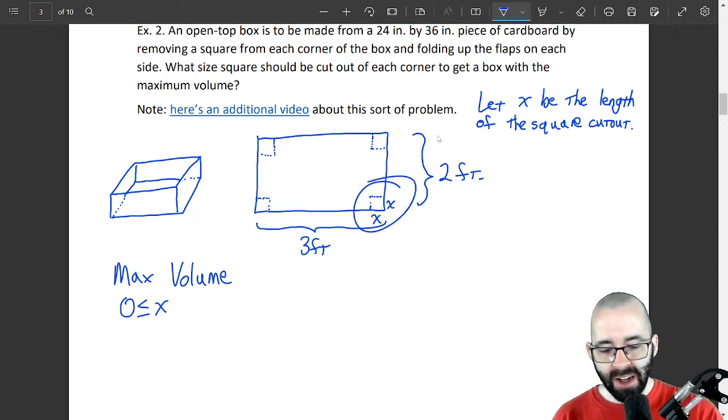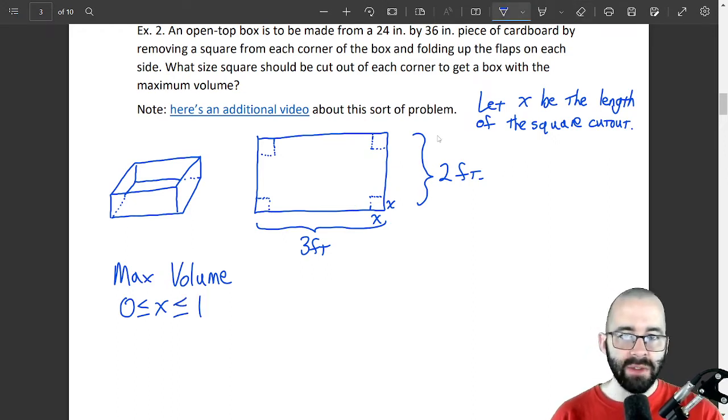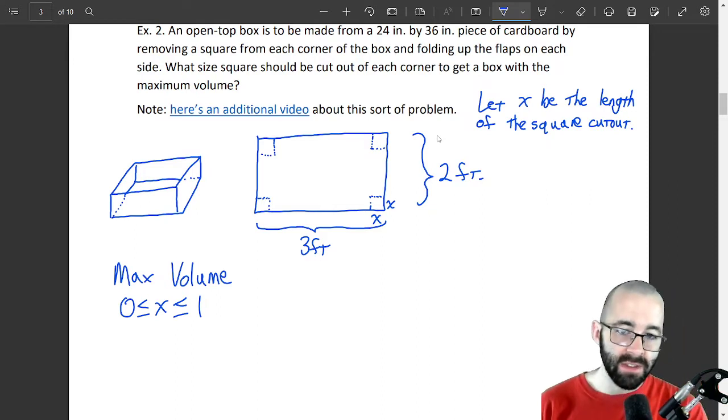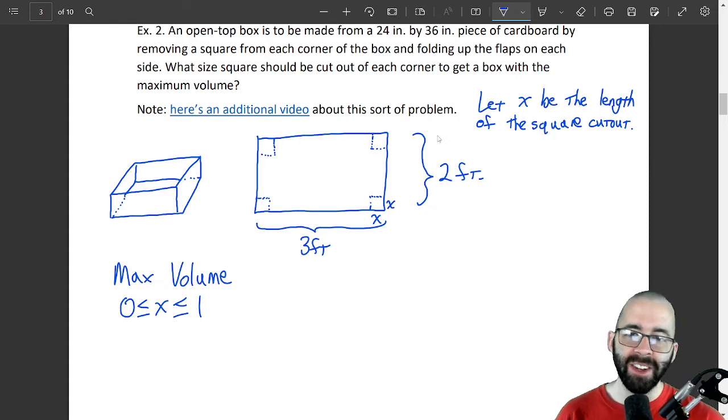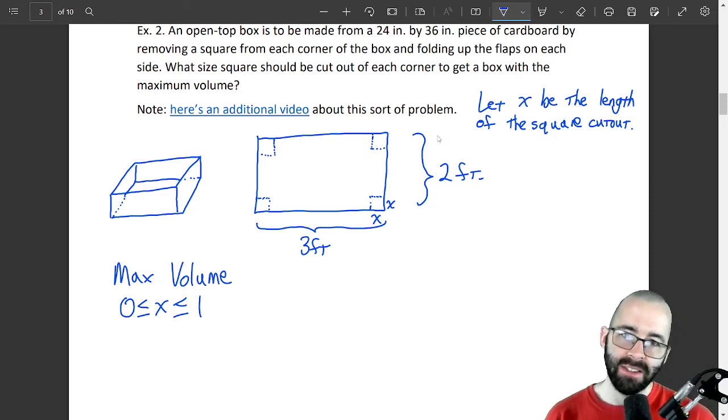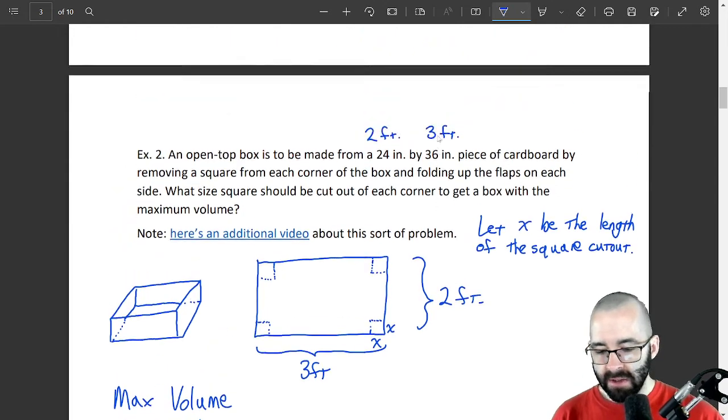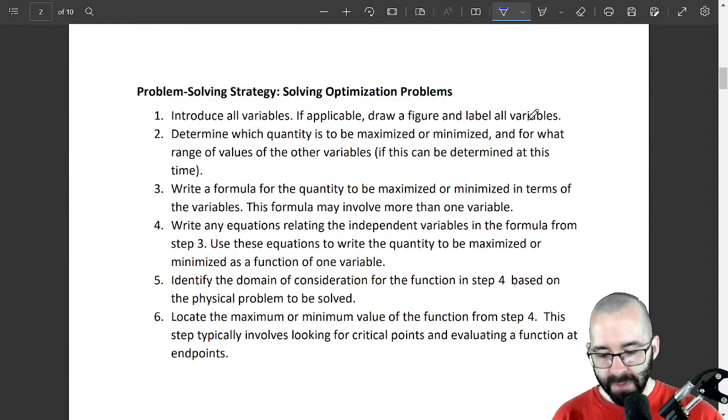So as this square down here gets bigger, this square up here gets bigger too. So the biggest X can be is actually 1 foot or 12 inches if you're doing this problem in inches. If X is bigger than 1 foot, well, it's not going to work anymore because it's getting bigger on both sides. All right. So that's step 2.